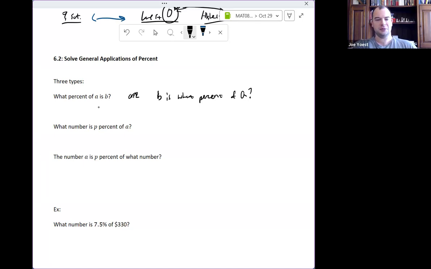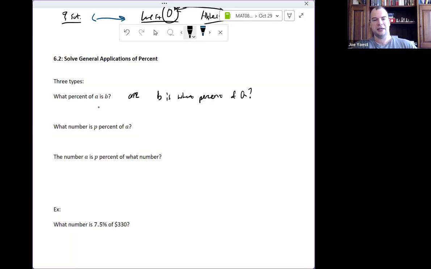Or the number A is P percent of what number? Or P percent of what number is A? So here P is a percent and A and B are numbers, for instance whole numbers or perhaps decimals or fractions, but for the moment, we'll think of them as natural numbers.